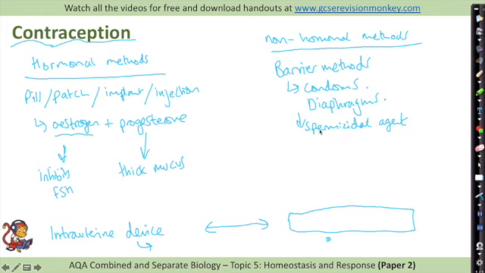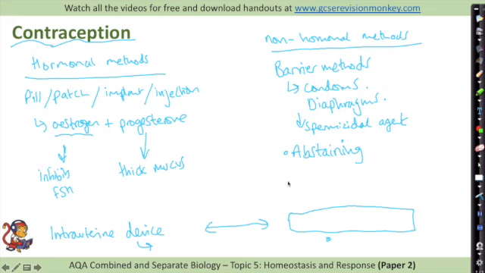So a cream that you can use along with it that will kill any sperm that might be present. And you can also choose to abstain. So abstaining means that you are not going to have sexual intercourse on the days that you are likely to get pregnant. So around the weeks of day 14, when the egg is released, you're going to not have sexual intercourse to prevent any sperm from reaching the egg.